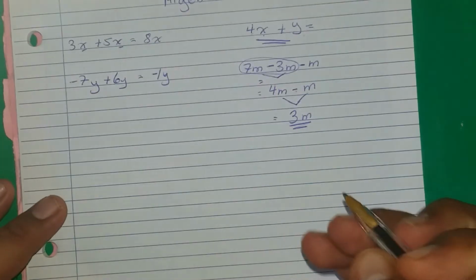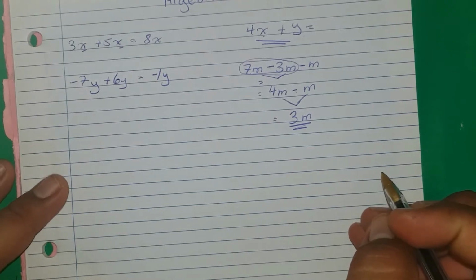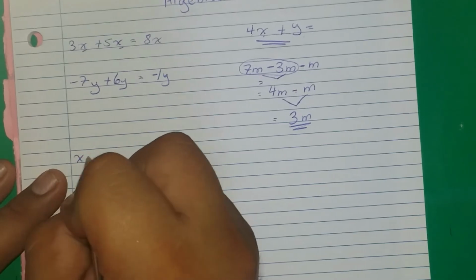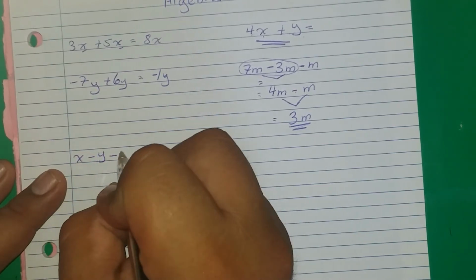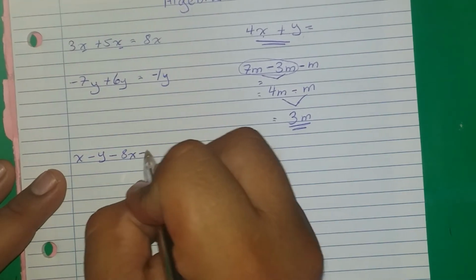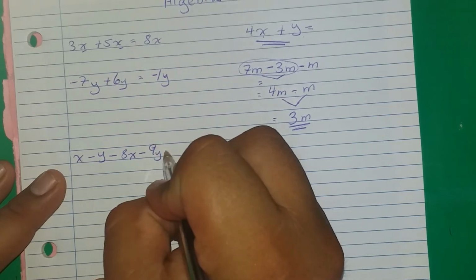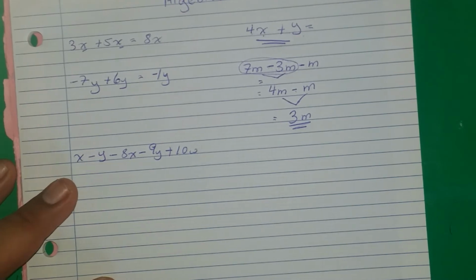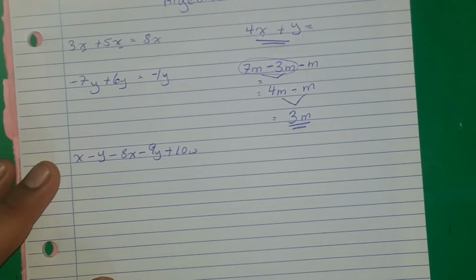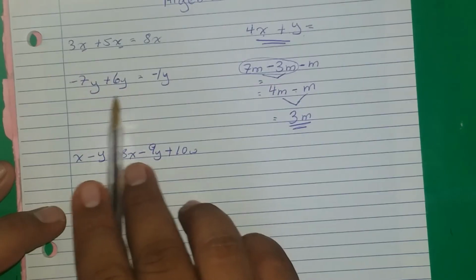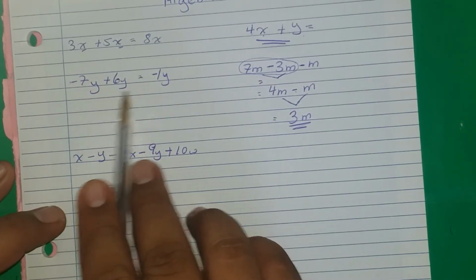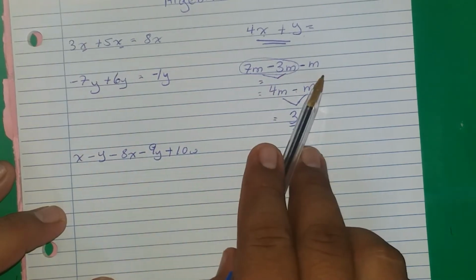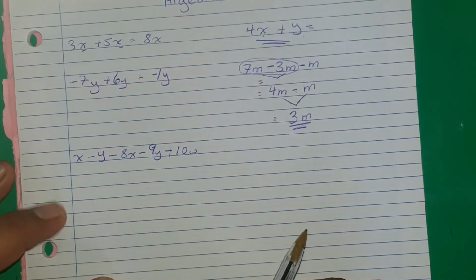Let's take a look at a different one. In the cases whenever we have different variables, for instance, let's say we have x minus y minus 8x minus 9y plus 10w. Whenever we have this, notice that the only ones able to simplify would be those that have y and y, x and x, or m and m, or w and w, and so on, right?